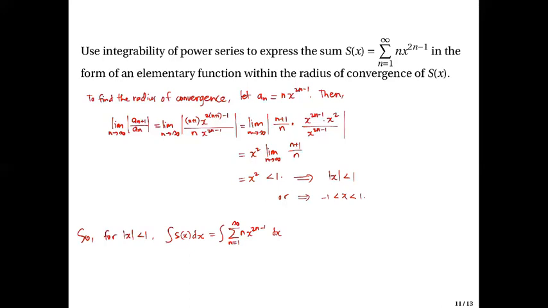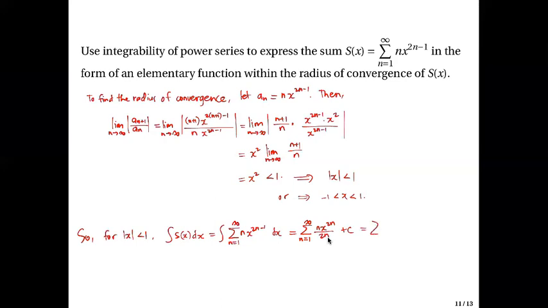If we do the integration on the right-hand side, we just get the sum from 1 up to plus infinity. Remember, when you integrate, you don't change the lowest value of n. In here, you will get n x raised to 2n over 2n, since 2n minus 1 plus 1 is just 2n. I forgot the plus c in here, so let's put the plus c.